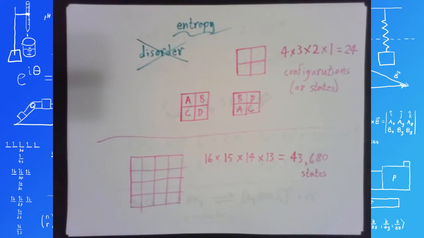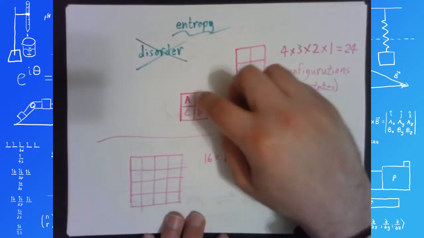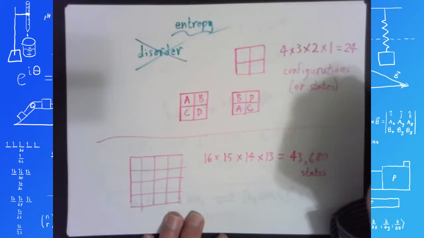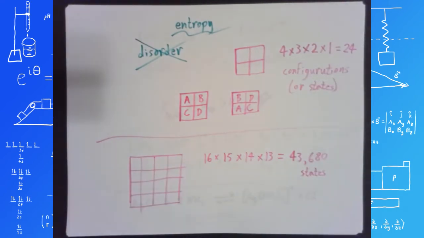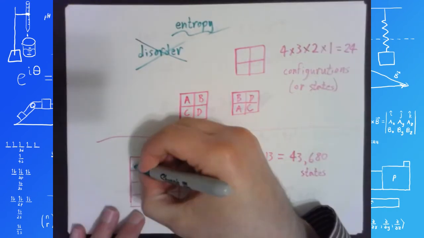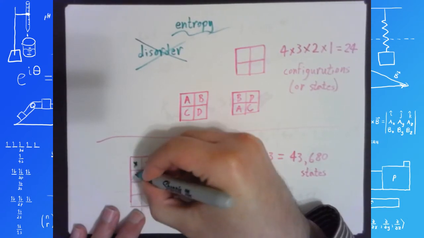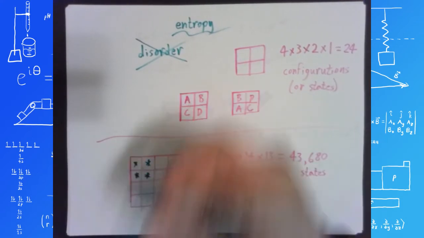Now, what if I was only interested in the states where the four particles were clustered together like they were in the original 2x2 grid? What if I was only interested in states that looked like this, having your four particles in these four spaces clustered together, for example?